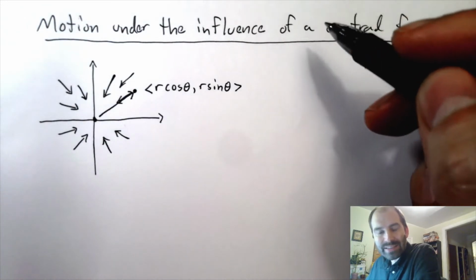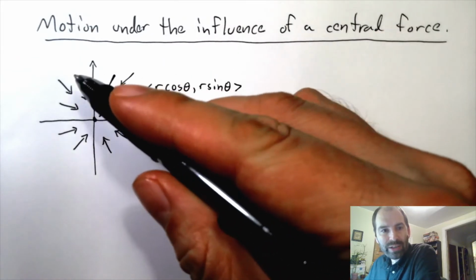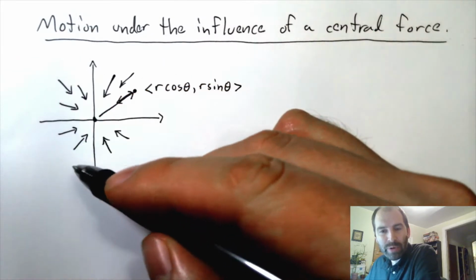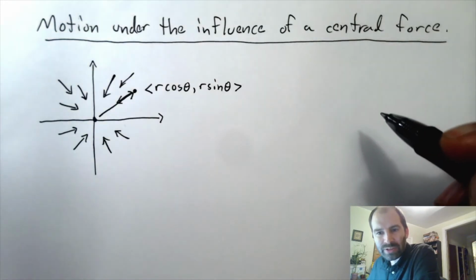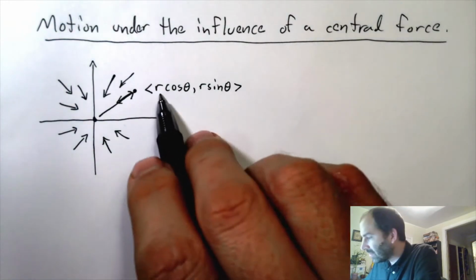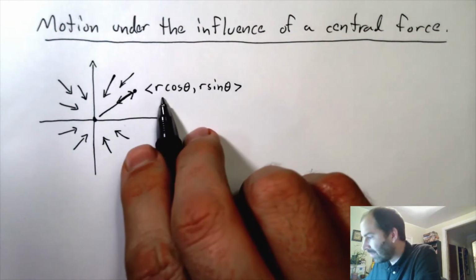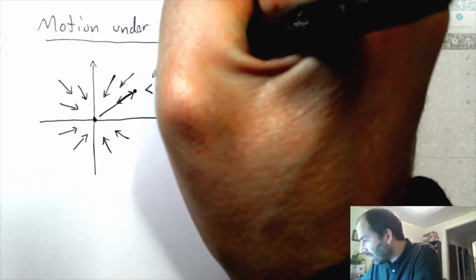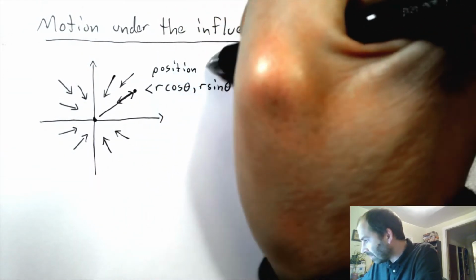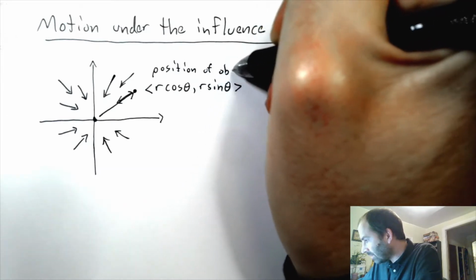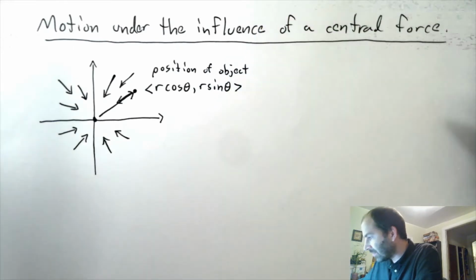That makes sense here because everything is pointing directly towards the origin. It seems to be uniform around the origin, so it seems like polar coordinates are the way to go. Okay? So the position of my object is going to be given by this. This is the position of the object under the influence of this force.